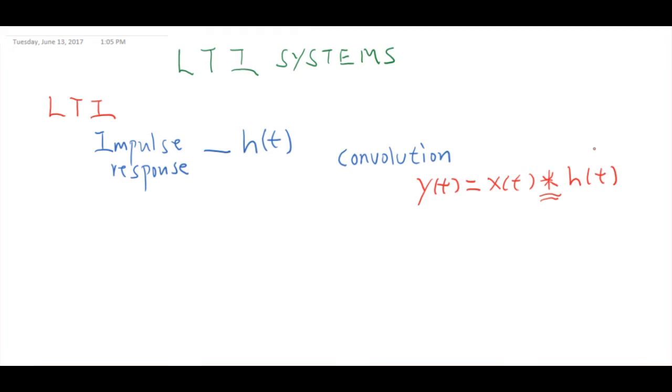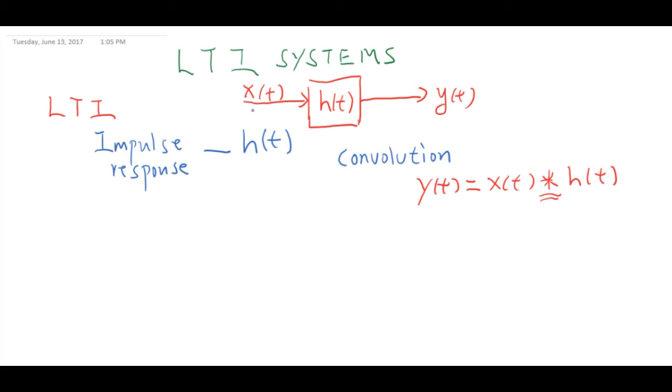How it is done is shown graphically. For the system input x of t, the output is y of t, and this is h of t, which relates x of t to y of t. We call it the impulse response.